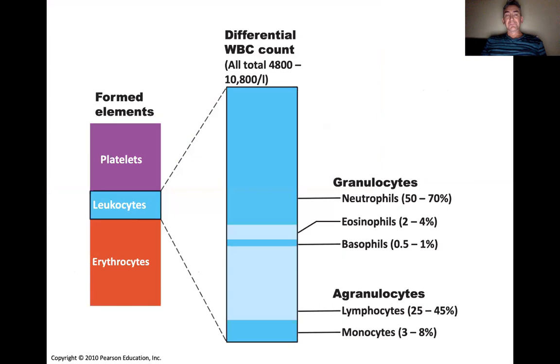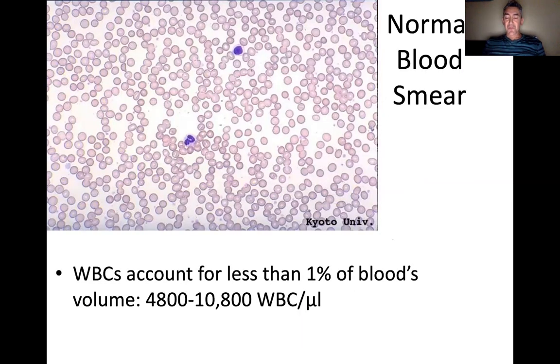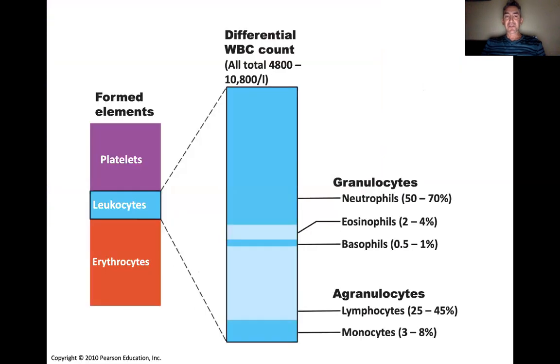So of that less than 1% in circulation, we would then have the ability to distinguish between granulocytes and agranulocytes. So this is a distinctive process that allows us to further differentiate, further identify, further define the actual type of leukocytes.